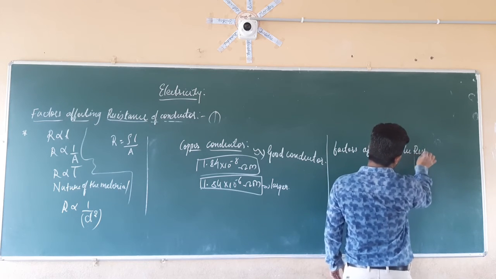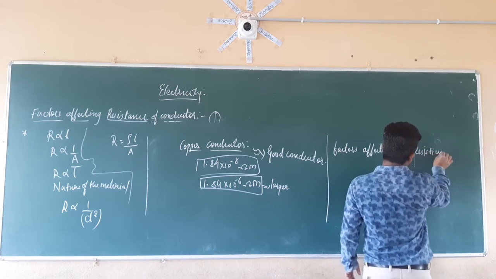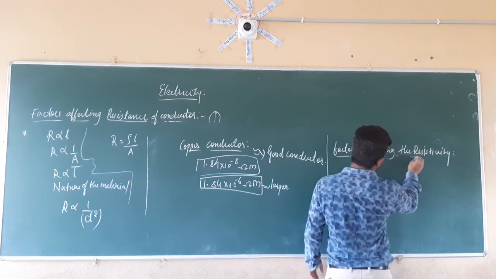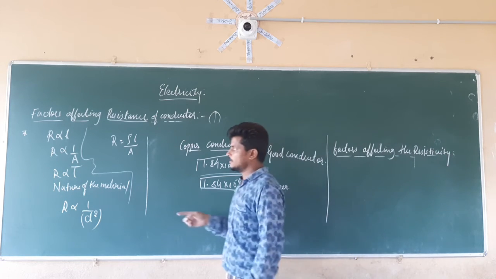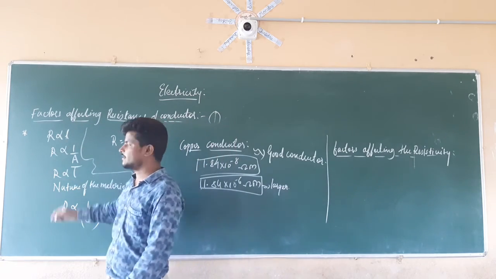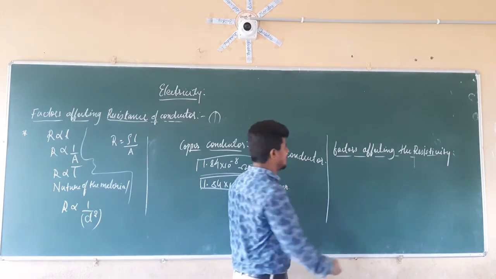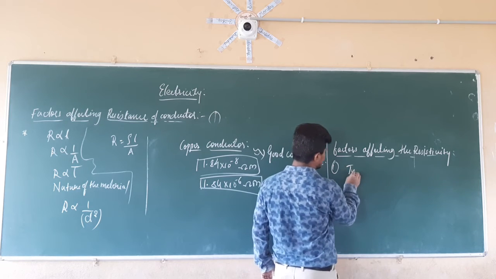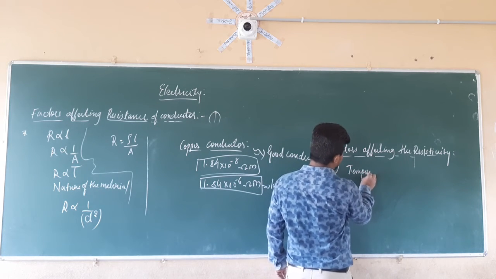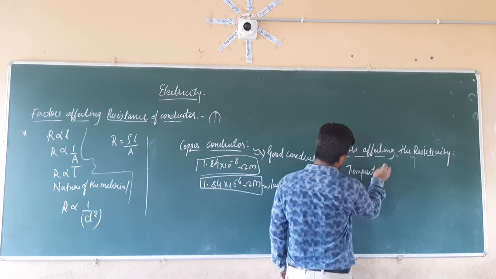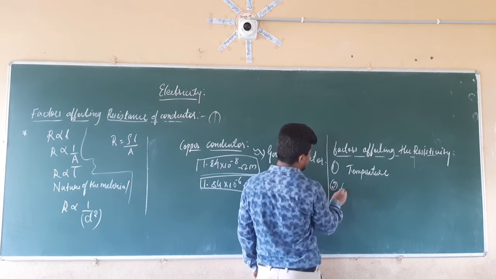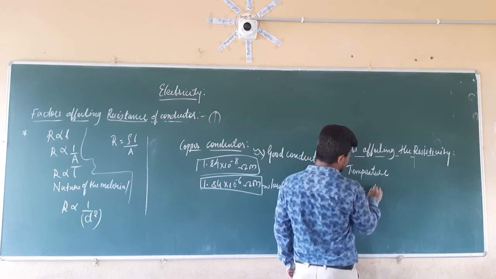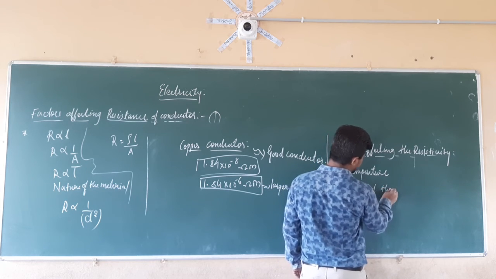We have two factors that affect the resistivity, and they are not the length or the area of cross section. The first factor is the temperature. The second factor is the nature of the material.